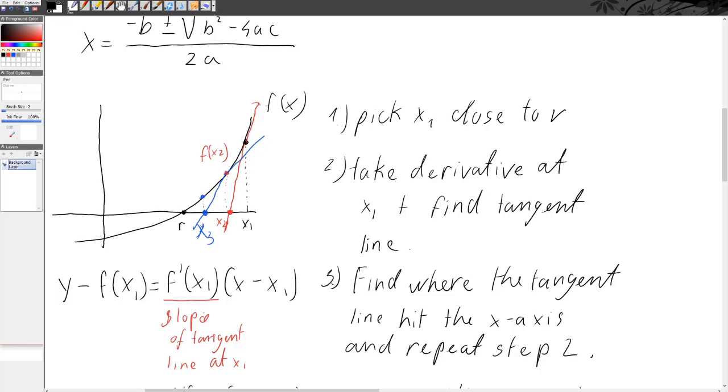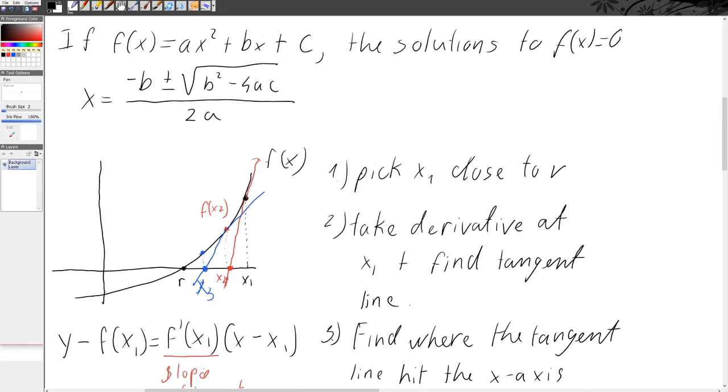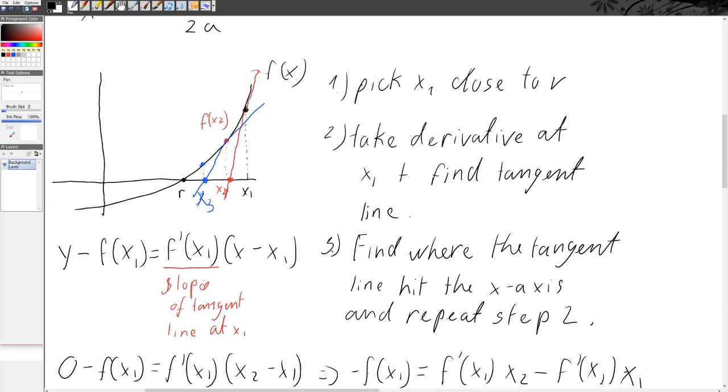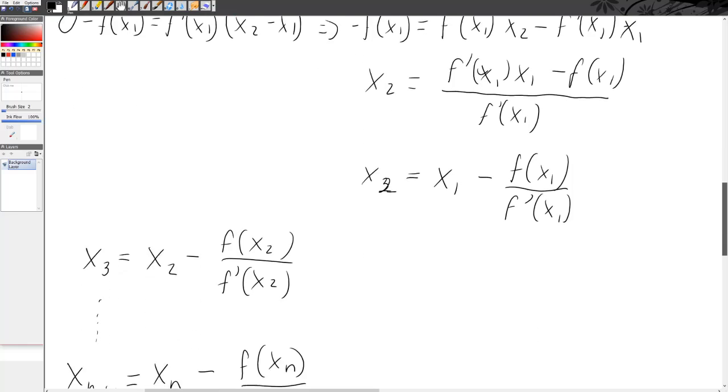Now let me go back and talk about step 1, picking an x1 that's close to R. Oftentimes we just have to take a guess as to what x1 can be and how close is that to R. But sometimes it can go wrong. For example, take the following graph.